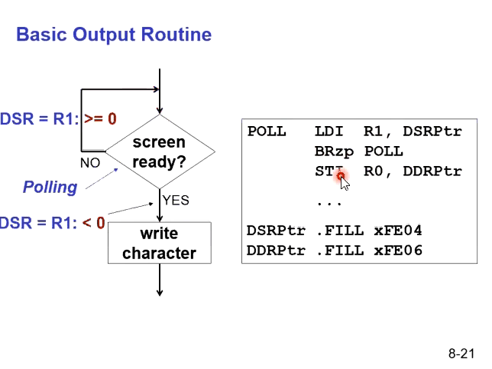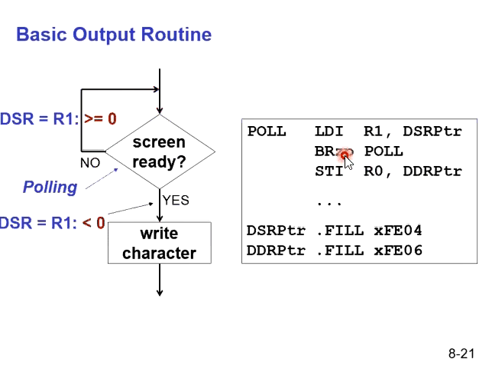So at that time, when we go out, what do you want to do, class? What do you want to do? Because when we go out, the screen is ready for us to receive the new character.